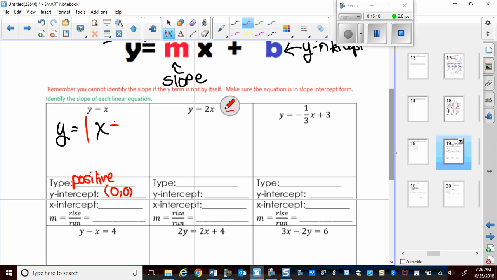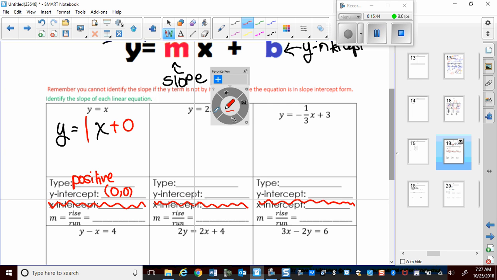There is no number added to x. So we'll be getting the y-intercept and the slope. For the purposes of moving fairly quickly through this, we will not be requiring you to do the x-intercept in this particular lesson, because we'll be doing that later on. But what we can do is find the slope. It's the number attached to x, and the y-intercept is the number added or subtracted to the x term. Okay?